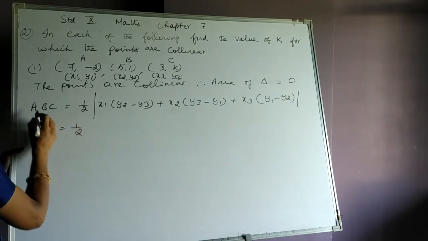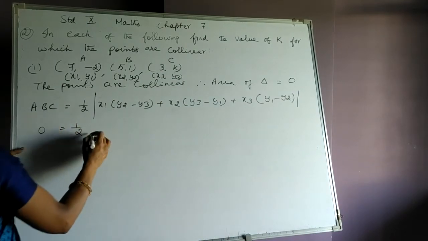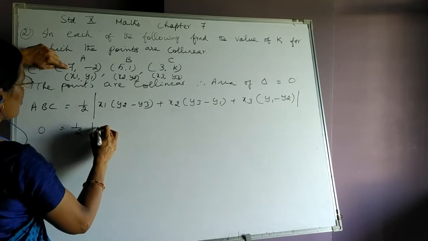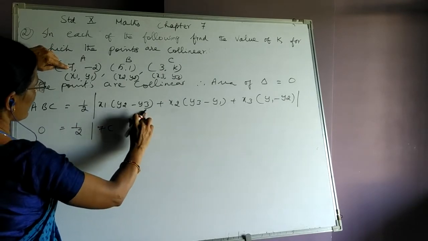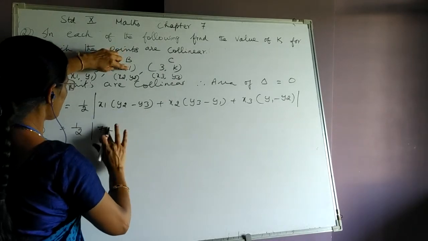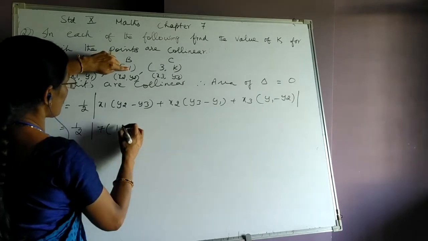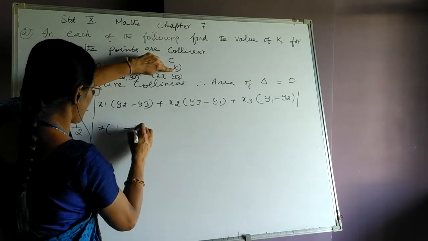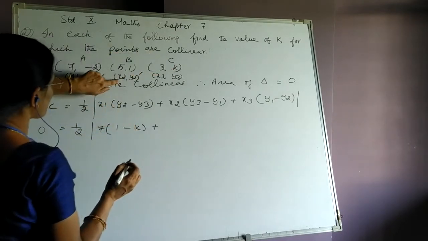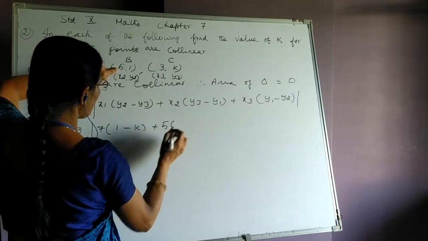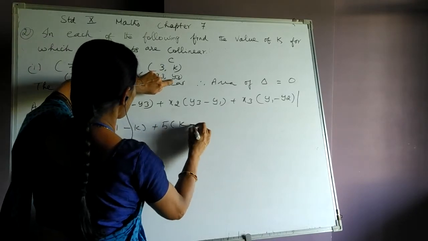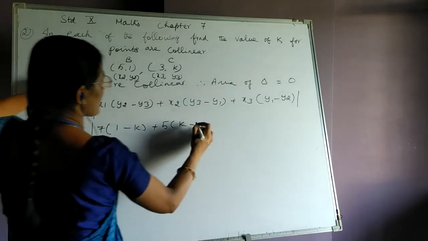Therefore, the area of the triangle is equal to 0. So I take these as A, B and C. Let us name the coordinates as x1, y1, x2, y2 and x3, y3. So using the area of the triangle equal to 0, we are going to get the value of k.